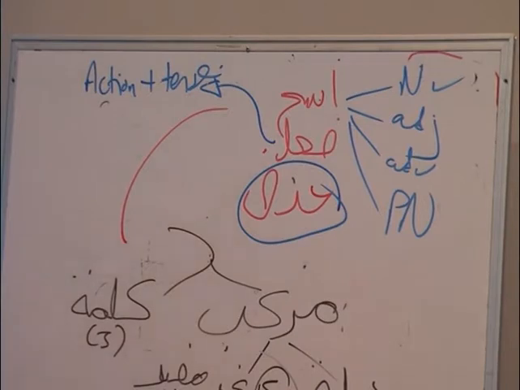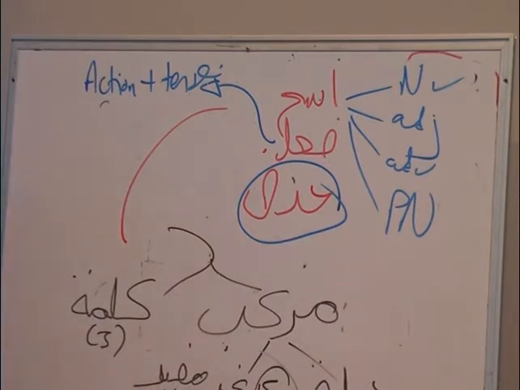So for example, in doesn't have any meaning by itself, except when you say Zahid came in his house, then it has a meaning, right? So it connects words together, and it creates a meaning. But by itself, in means nothing. If you have in, what do you mean by in? Unless you say something is in something else.